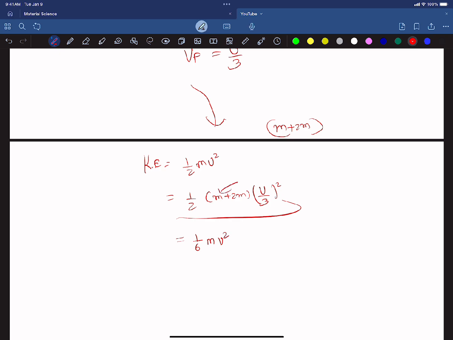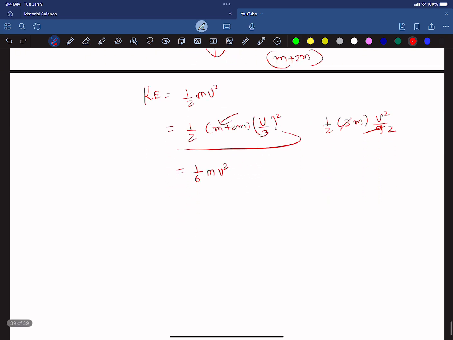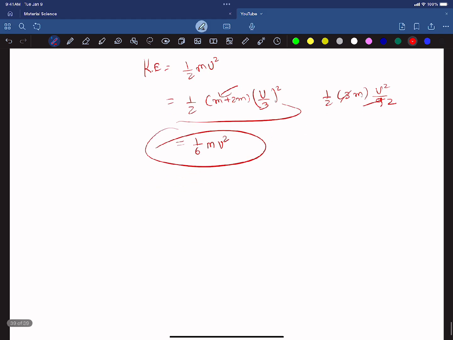This will become 3m, so half 3m times v square by 9. So this will become this. And yes, you will get this final equation.